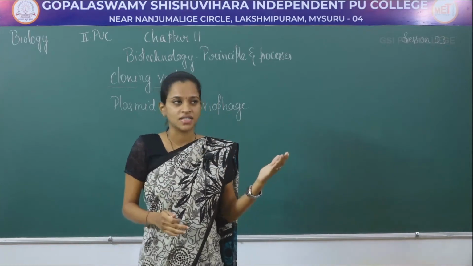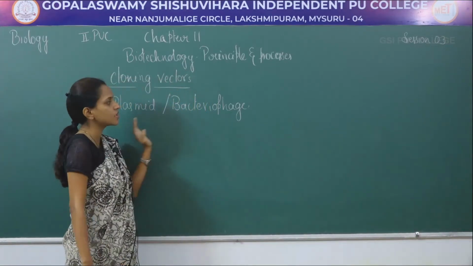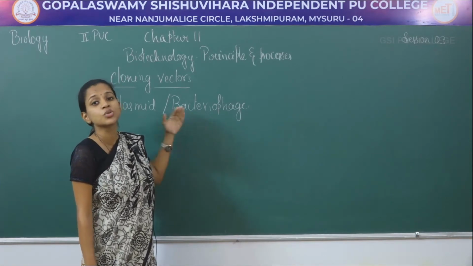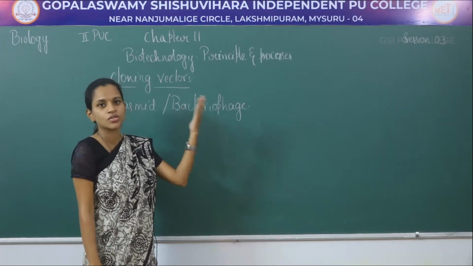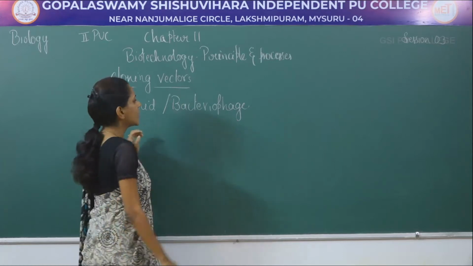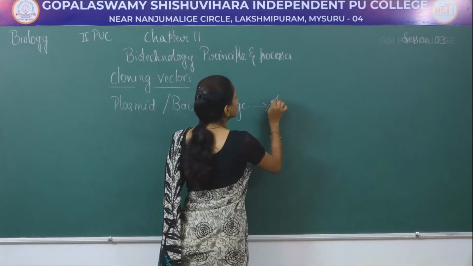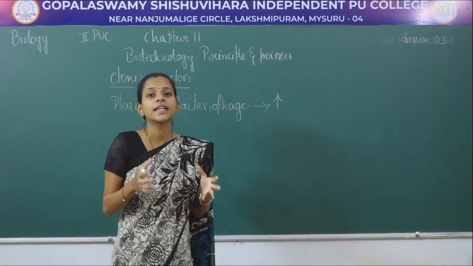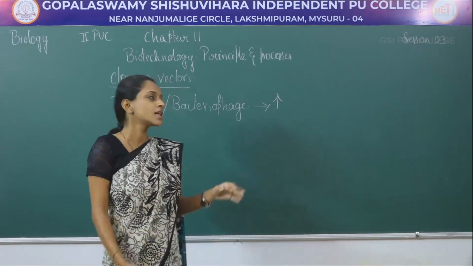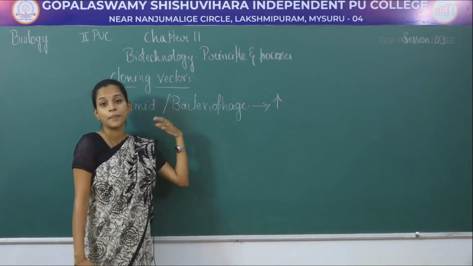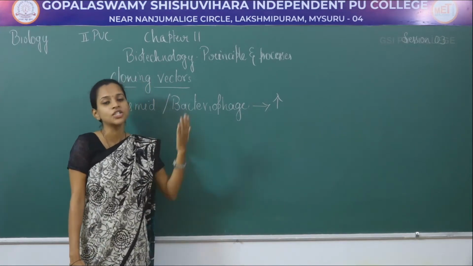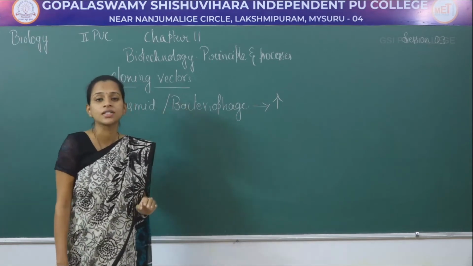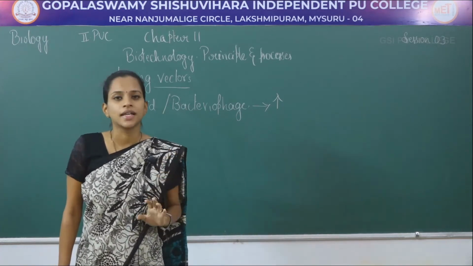The host will be a bacterium. Both plasmid and bacteriophage can replicate at a very fast rate. Their number per cell is much higher, so the replication is also very high, as well as the number of copies of the particular gene of our interest replicated by them. That is why normally a plasmid or a bacteriophage is chosen for this process.